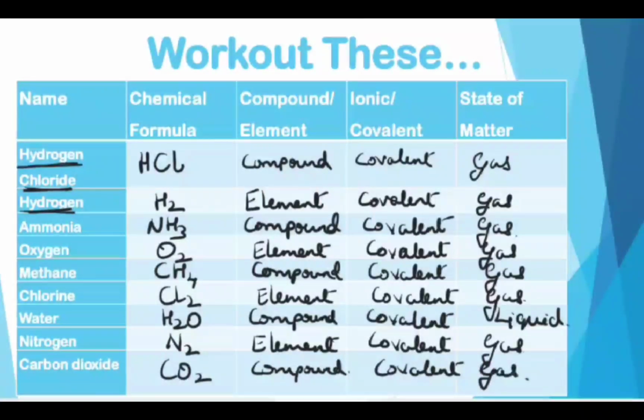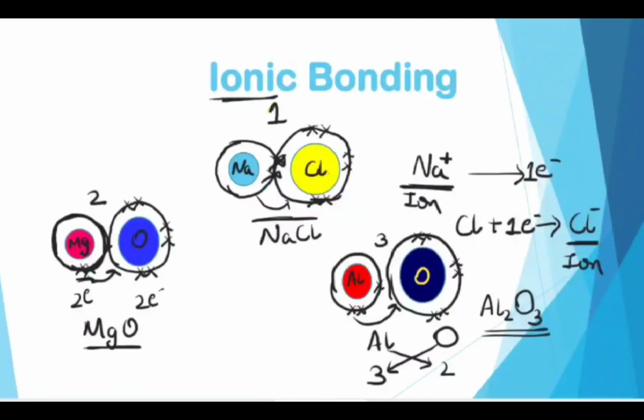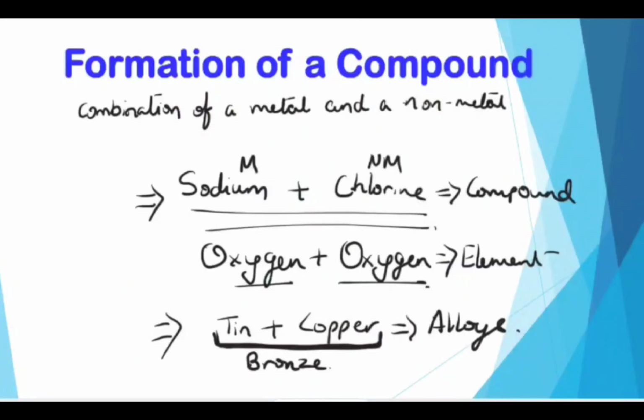A compound is not necessarily a combination of a metal and a non-metal. A combination of a metal and non-metal is an ionic compound. A compound is a combination of different types of atoms.